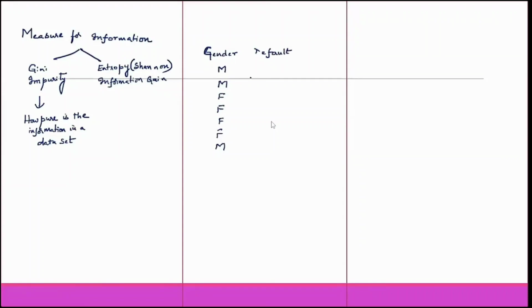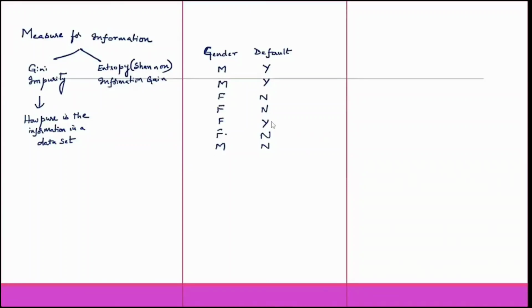So default is my target variable and I want to know what is the impurity associated with this model. So basically for default, I can also put yes, yes, no, no, yes, because I want to bring in some impurity. No, no. Let's say this is the data that I have.